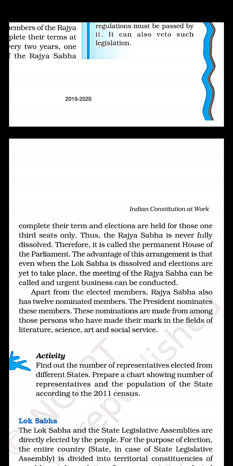They may be from music, they may be from dance, Hema Malini, and they may be from cricket, आपके Sachin Tendulkar. Okay, the president nominates these members. These nominations are made from among those persons who have made their mark in the field of literature, science, art, social service. Okay, so these 12 members are from this field.